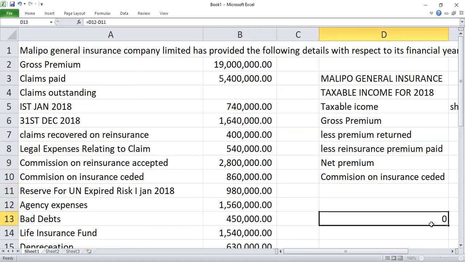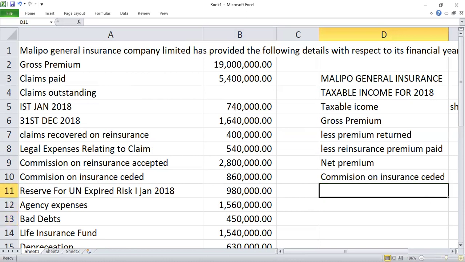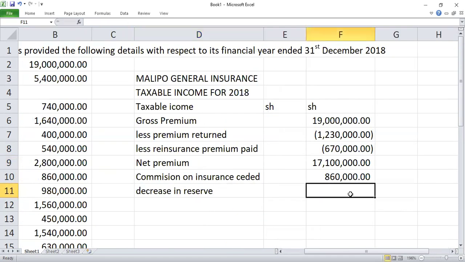But if you had been given a figure, you just compare with that, increase or decrease. So we can say decrease, because decrease is an income. We are assuming that this has decreased to zero. Decrease in reserve for expired risk. Amount there is 980,000.